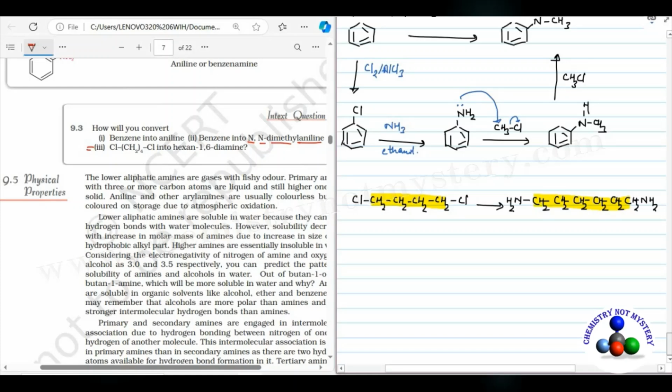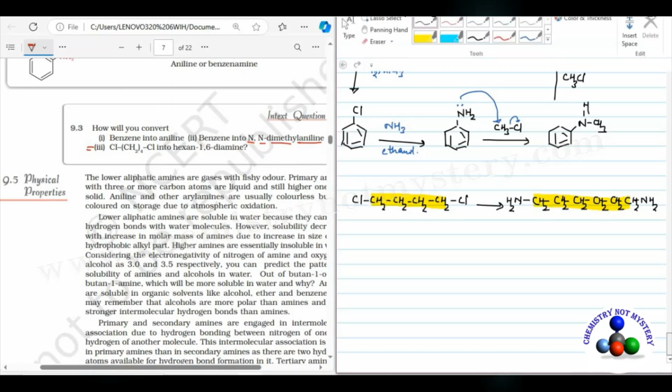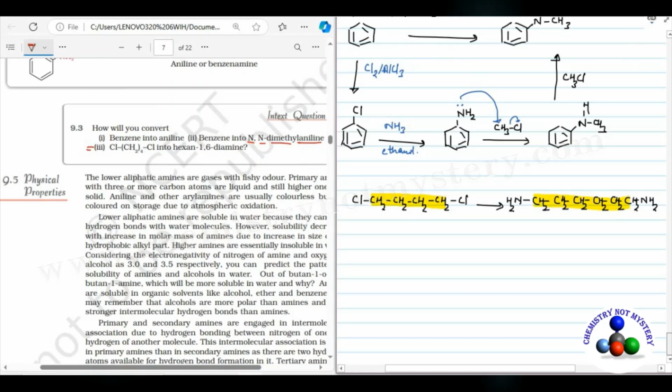So how can you increase 1 carbon on both the sides? If we substitute Cl with CN. Here to increase the number of carbons you have to introduce a nitrile group. So here you have to introduce C triple bond N on both the sides.